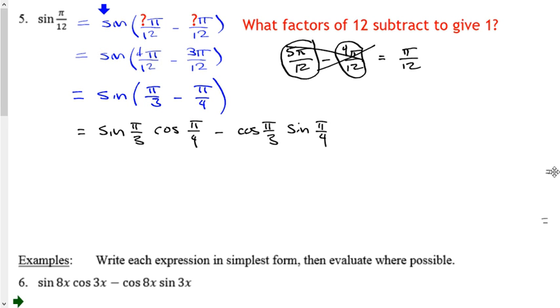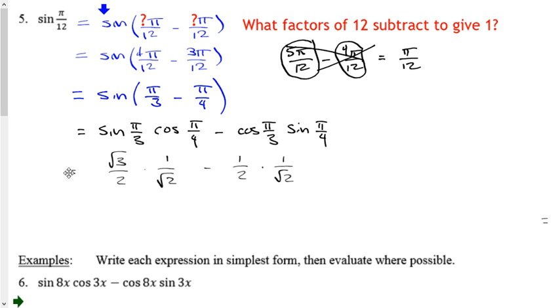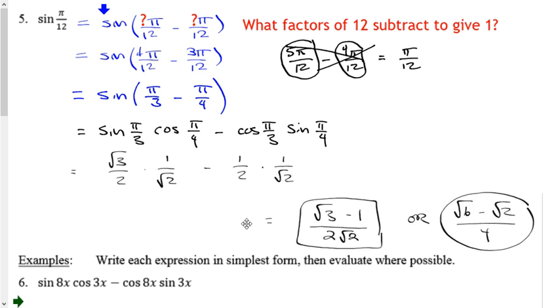Well, sine pi by 3 is root 3 over 2. Cosine, this time I did it using the special triangles. So the cosine of pi by 4 would be 1 over root 2. And then similarly for cosine pi by 3 and sine pi by 4. And then we would just simplify our answer.